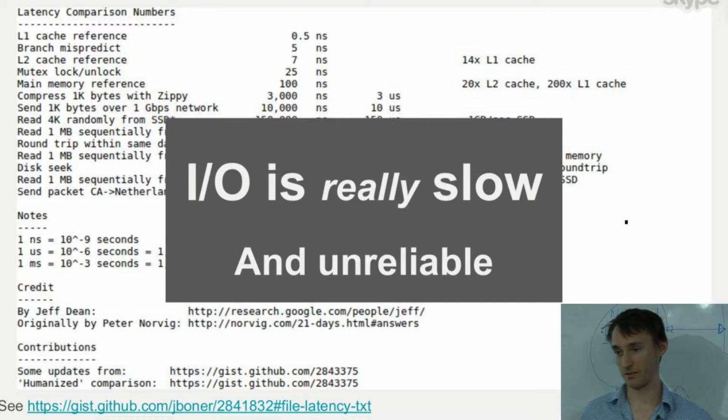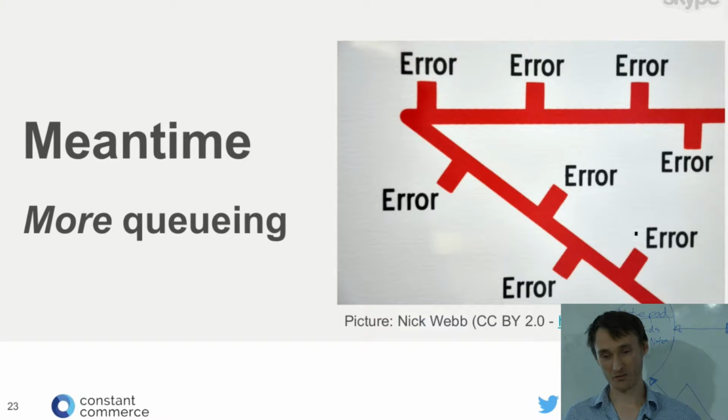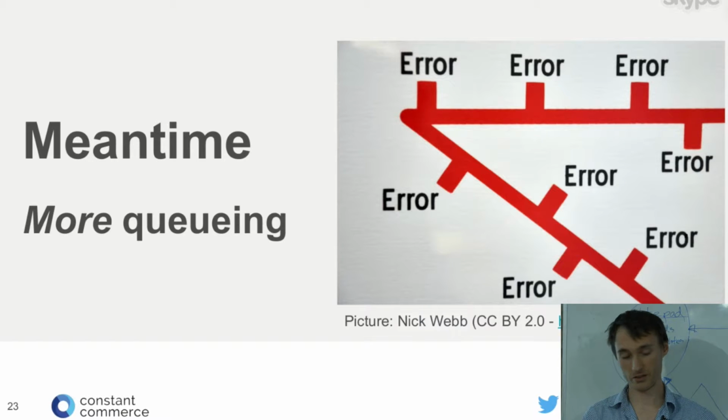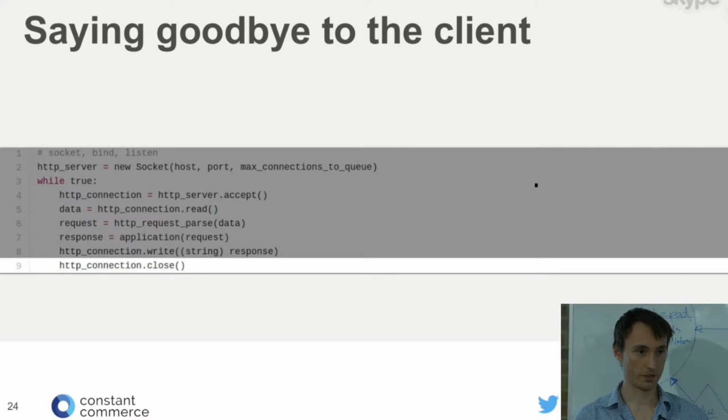I mean, Wi-Fi, it never works. So again, we have a lot of risk to get errors while we treat a client, and our queue is getting fuller again, and we get errors if it gets full. Once we treated the client, we can close the connection and treat the next one.